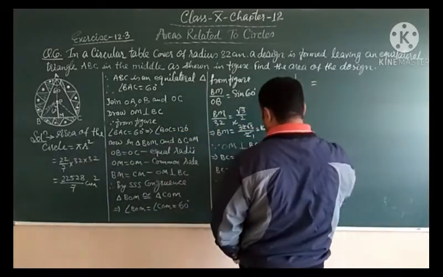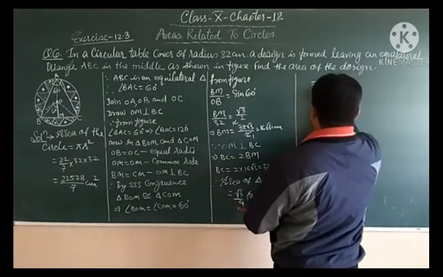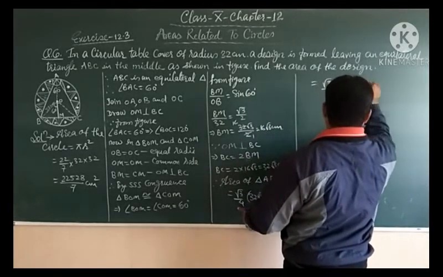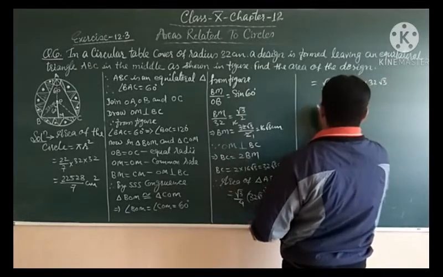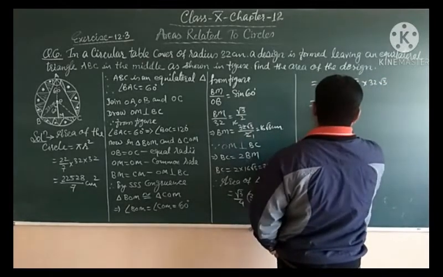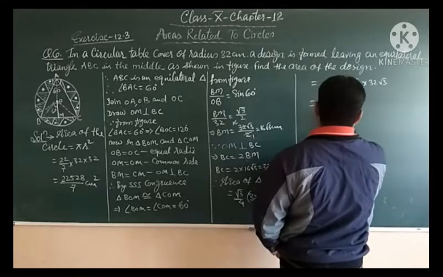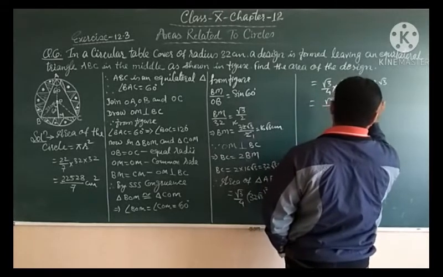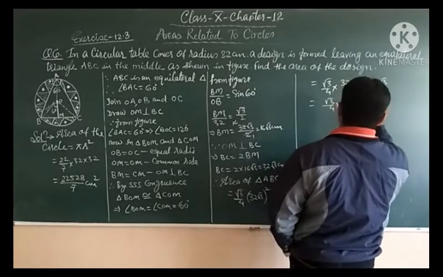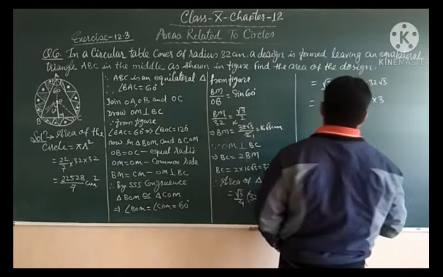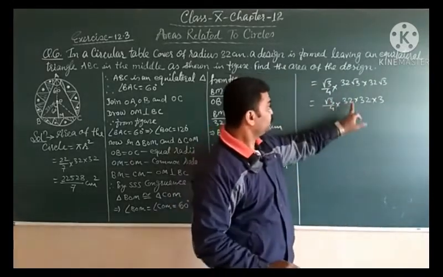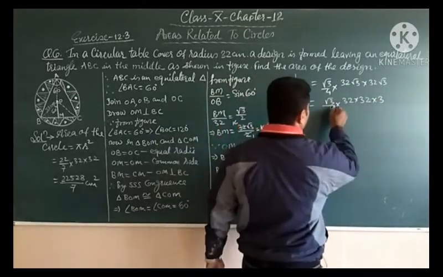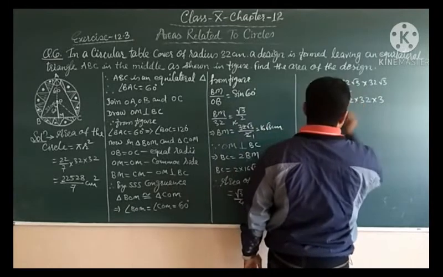The area of triangle ABC is equal to root 3 by 4 into 32 root 3 into 32 root 3, that is root 3 by 4 into 32 into 32 into 3, since root 3 into root 3 is 3. 4 ones are 4, 4 eights are 32.